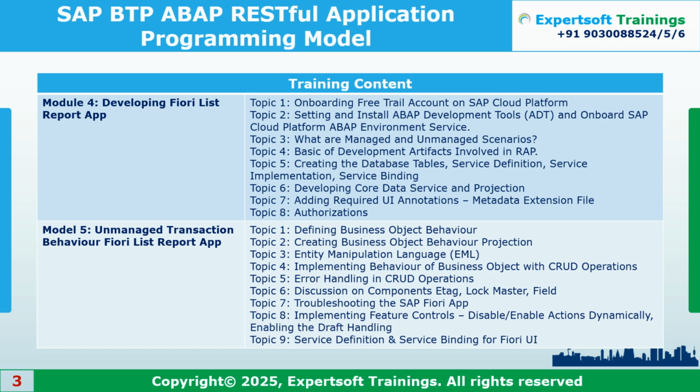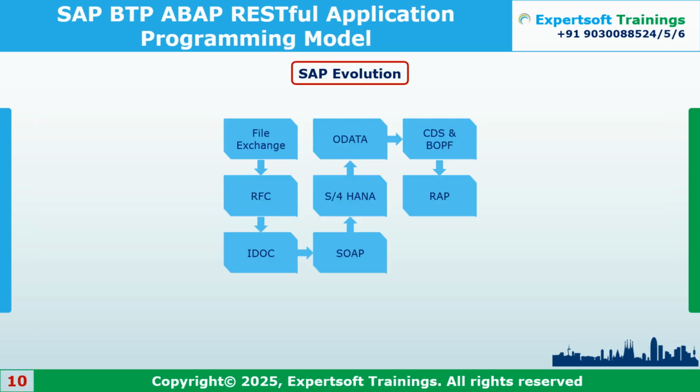Here is what we will be covering, and I will tell you the architecture. As you already have an SAP background, you may not need this, but let me tell you again. Earlier SAP introduced the file exchange, which then became RFC, a remote function call, then the IDOC concept, then OData.